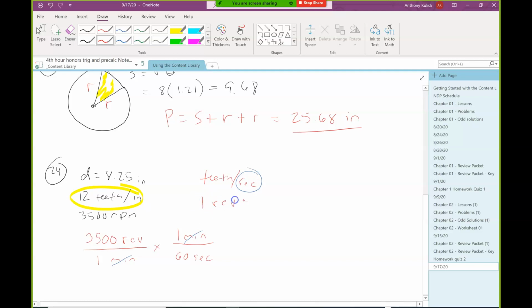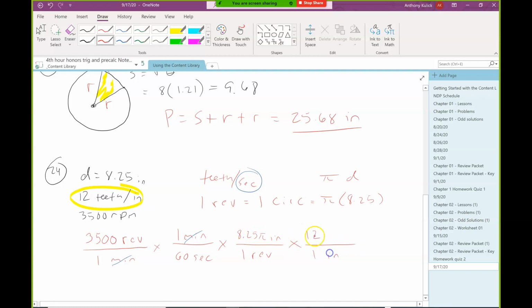I know that 1 revolution is equal to 1 circumference. So in this case, that's pi times 8.25. Remember that circumference is pi times the diameter, or 2 pi r. Either one is the same thing. So I have 1 revolution is 8.25 pi inches.